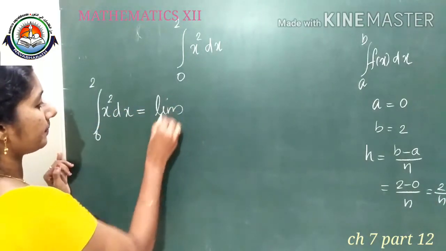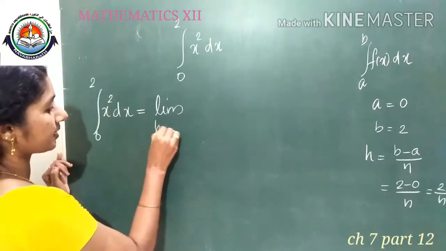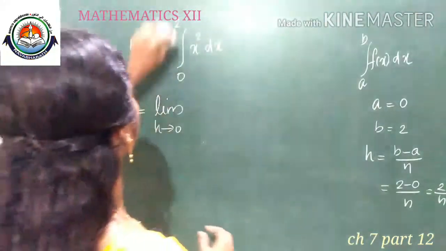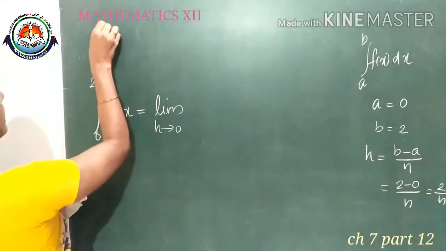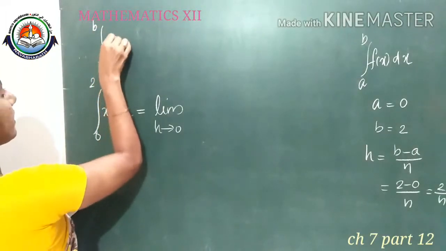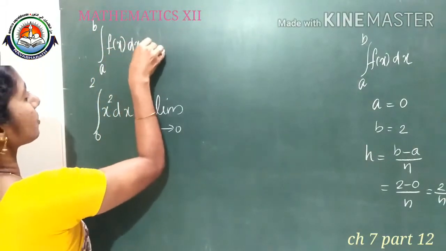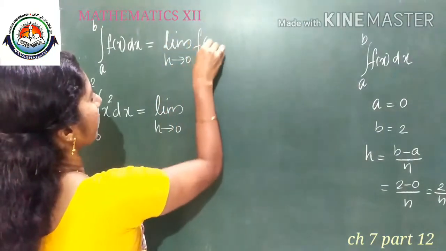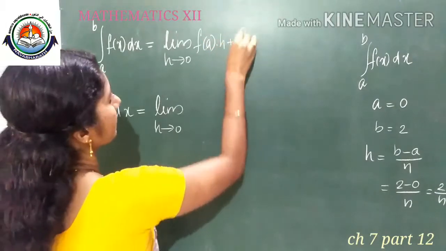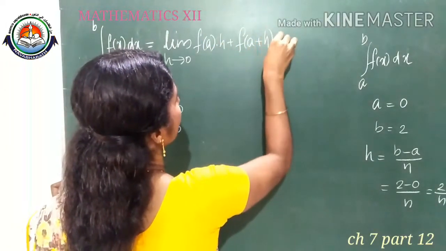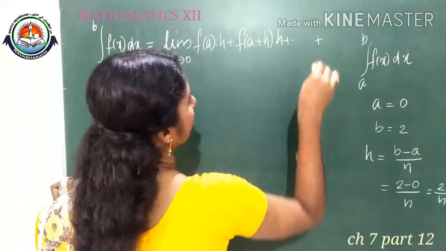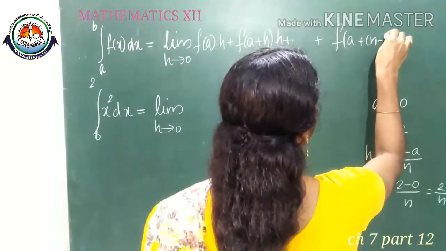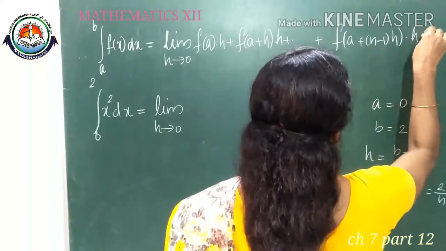We can write limit h tends to 0. What we need to write actually? See, integral a to b f of x into dx is equal to limit h tends to 0 f of a into h plus f of a plus h into h plus etc. plus last f of a plus n minus 1 into h into h.